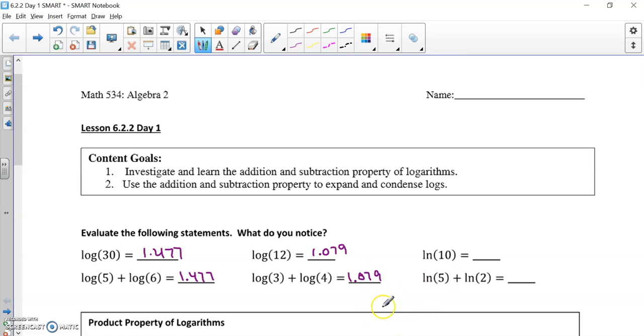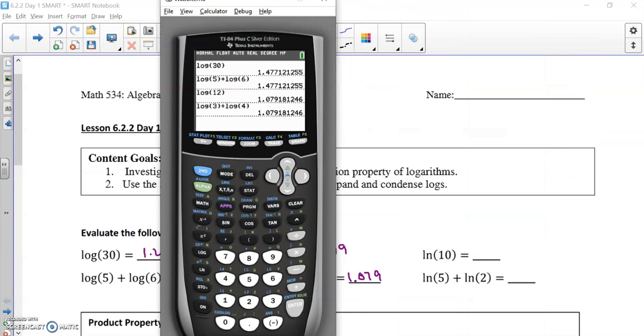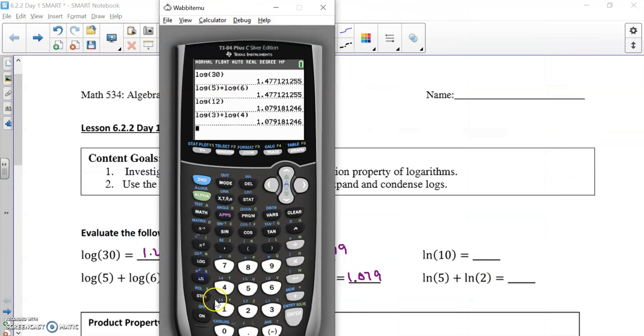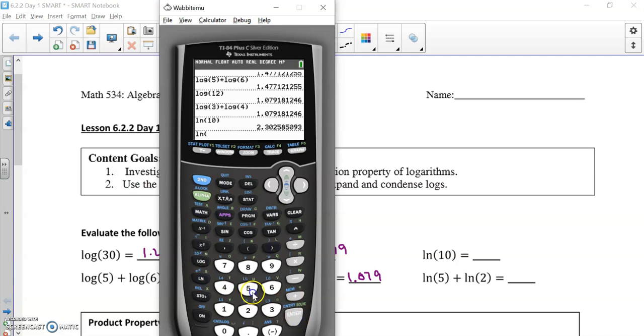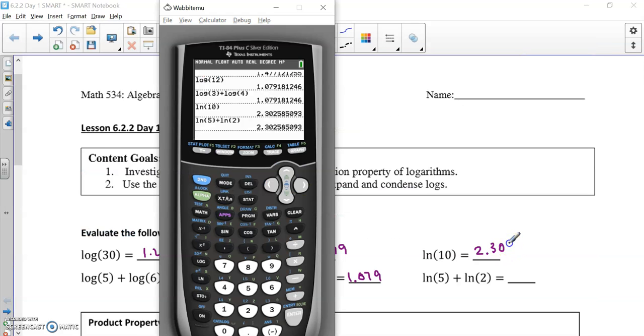All right, now for this last one, we have ln of 10 versus ln of 5 plus ln of 2. So natural log of 5 plus natural log of 2. And sure enough, as you probably expected, we got the same exact answer, 2.303. Make sure I rounded that right.